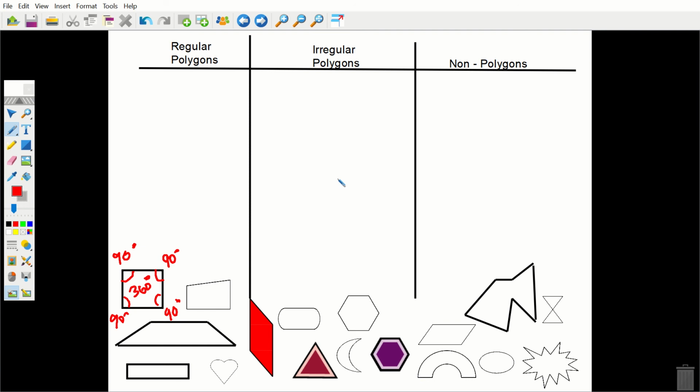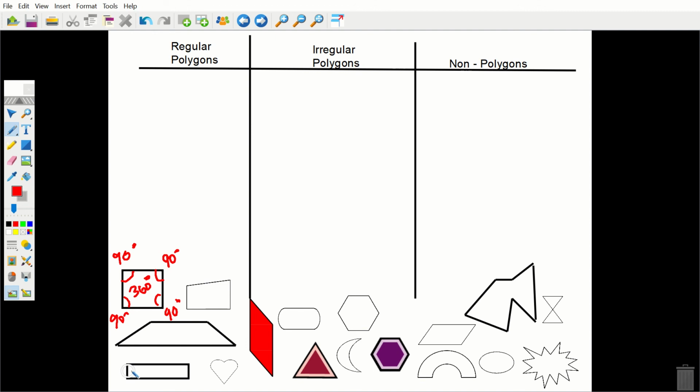Now, there's a fundamental difference between regular and irregular polygons. A regular polygon has equilateral sides, meaning the opposing sides of that polygon are the exact same length, right here. They're identical.